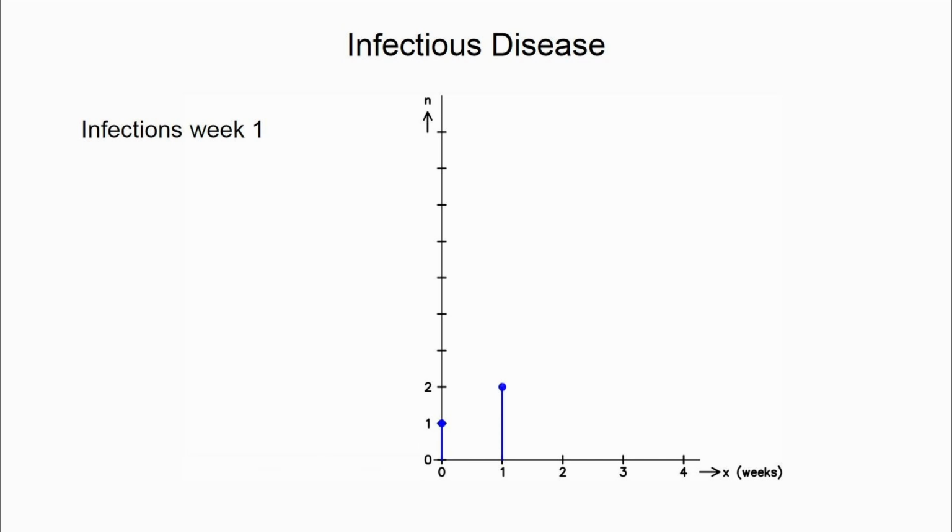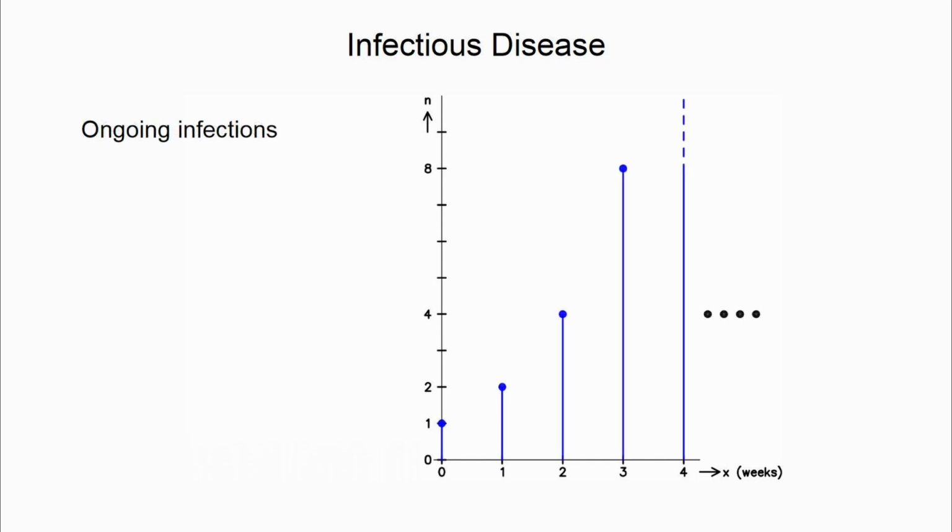The next week, the 2 infections will each be passed on to 2 other persons, leading to 4 infections at the end of it. After 3 weeks, the number of infections will have risen to 8, then 16, 32, and so on. These numbers can be written as 2 to the x, with x being the week number.